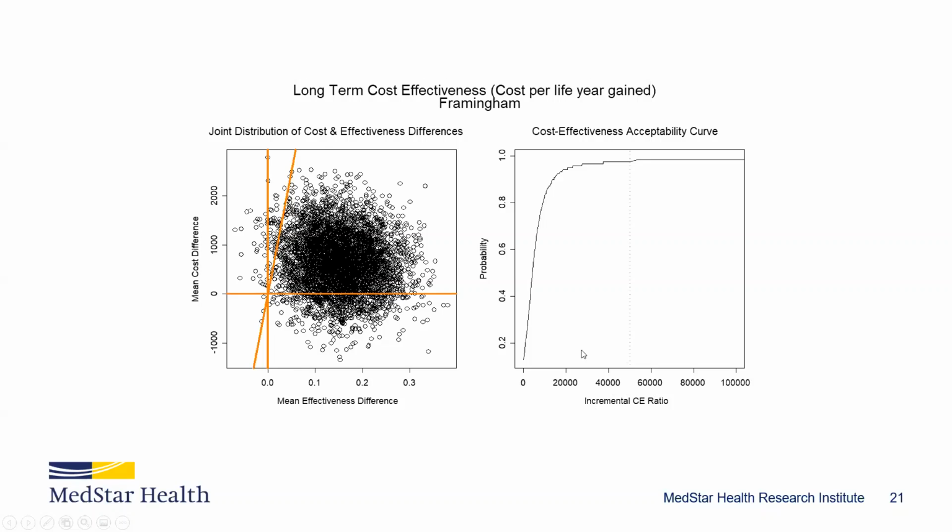And so here you can see, at $50,000, we're well above probably 0.9, even 0.95 probability that it's cost effective at $50,000. At $20,000, you can see that it's also at least 0.9 probability of being cost effective at an ICER of $20,000.